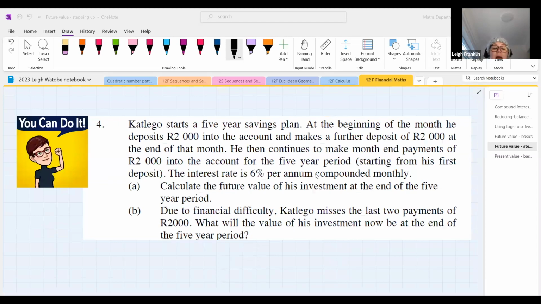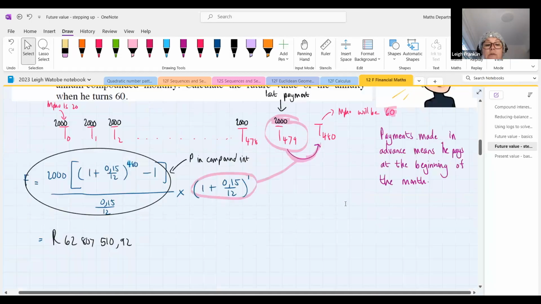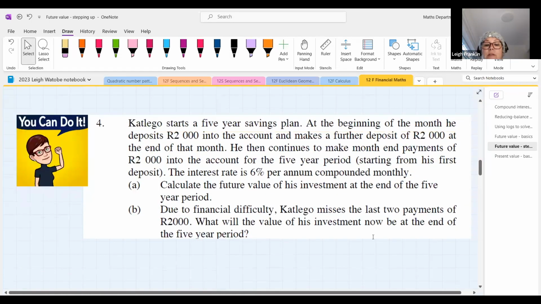Okay, so again, it's not the first part that we really need to think about. It's the second bit. Let's see what you guys do with questions 4A and B. Let me just go and grab the future value formula for you, and let's pop it over there.